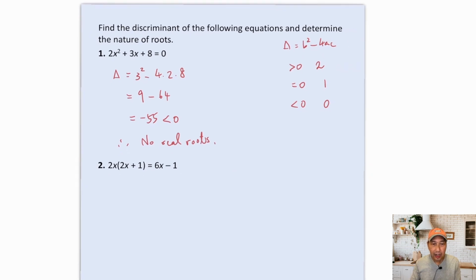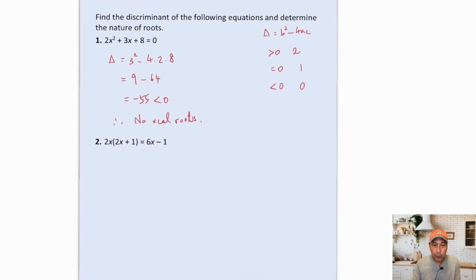Question 2, we need to simplify the expression to the form ax squared plus bx plus c equal to 0. So 4x squared plus 2x minus 6x plus 1 is 0. 4x squared minus 4x plus 1 is 0.